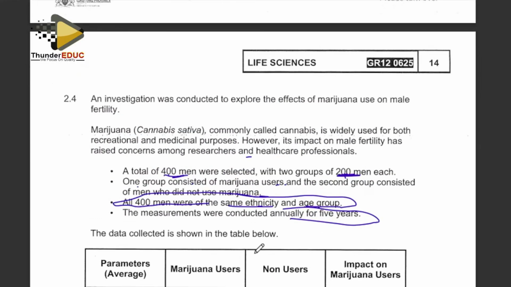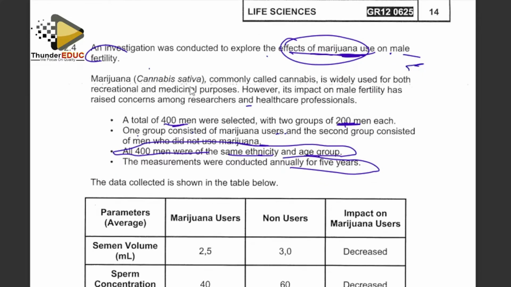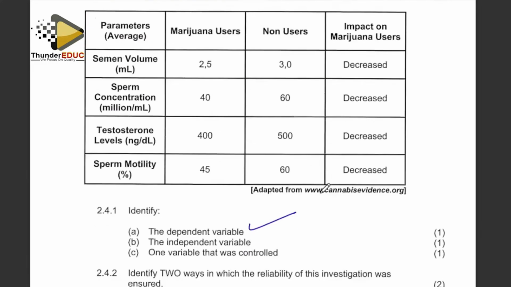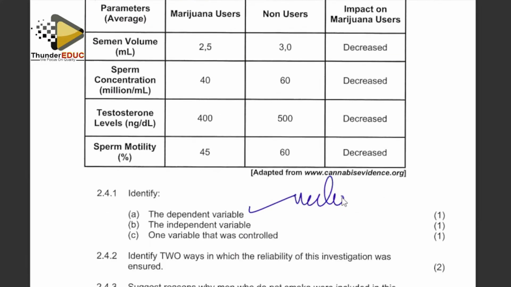So I told you that you go back and read. An investigation was conducted to explore the effect of marijuana use on the male fertility, meaning that the male fertility will depend on the use of marijuana, meaning that the dependent variable here is the male fertility.